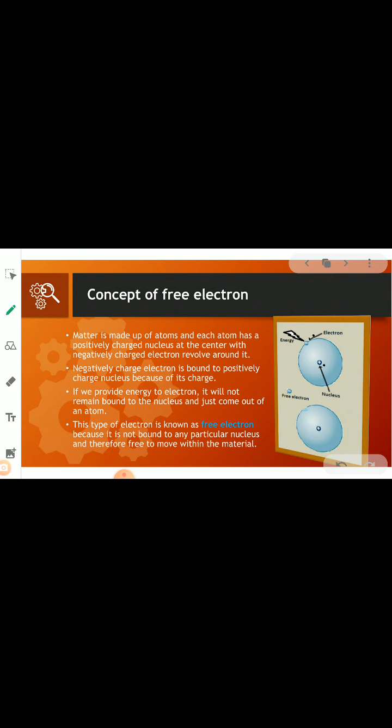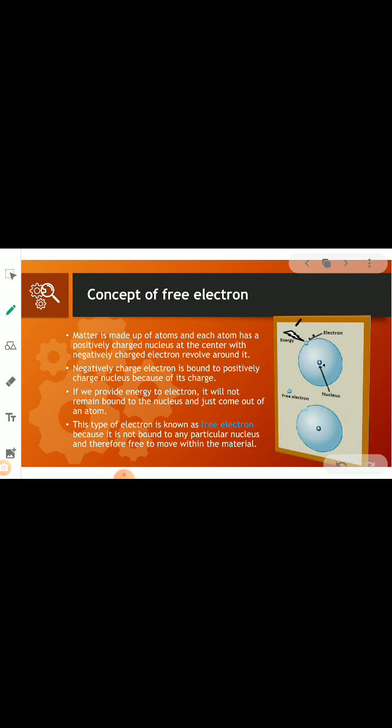The electrons, which are negatively charged, are bound by the positively charged nucleus. There is a force of attraction due to which the electrons are moving in their orbit. If we provide energy, as you can see here, and the energy is provided to the outermost electron, it is going to come out of the atom.